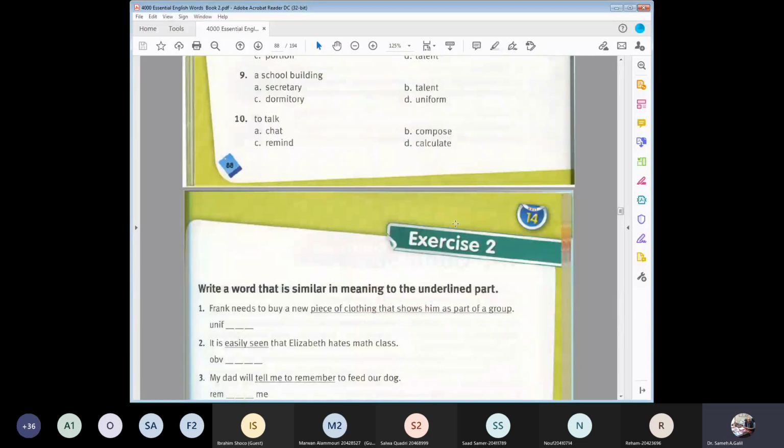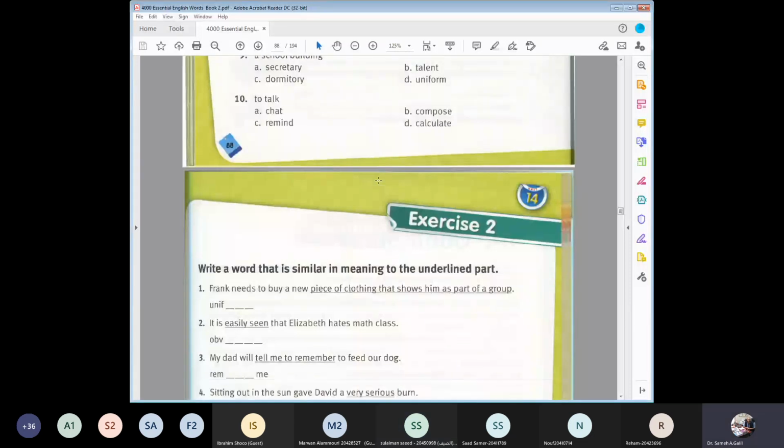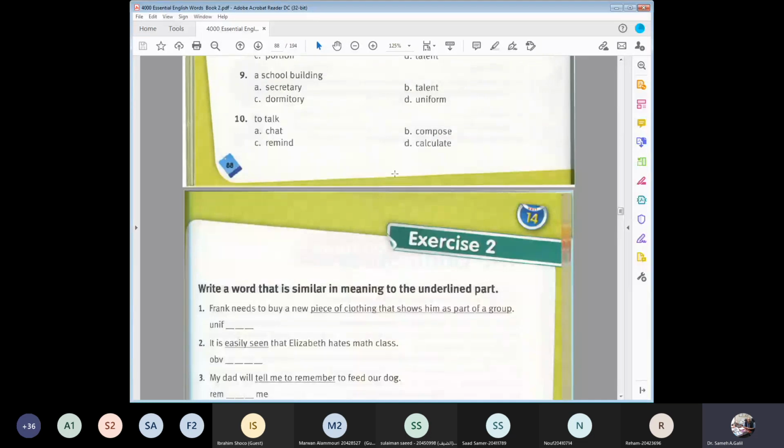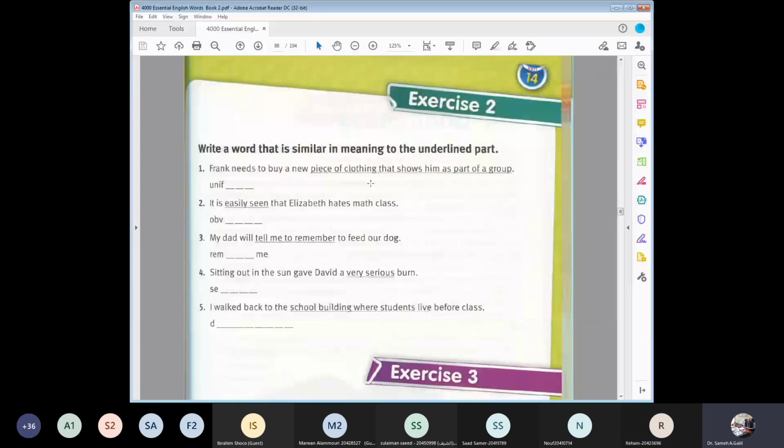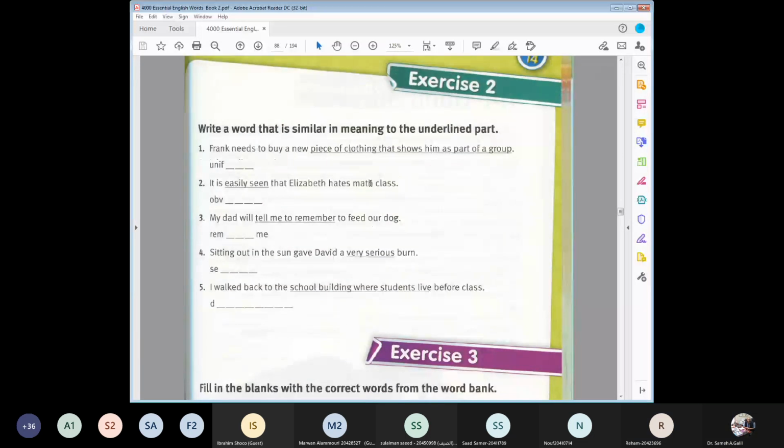Can I answer? Yes, go ahead. A school building: dormitory. Okay, let's move to 10, everyone. To tap: chat. Absolutely, chat. Okay, good. Let's move to this one.